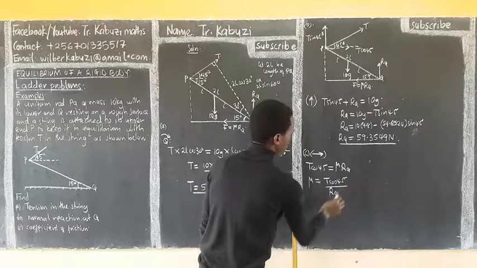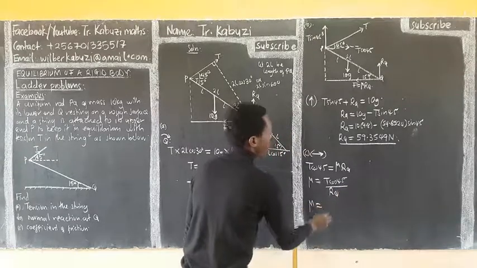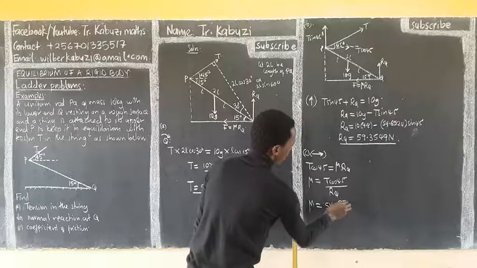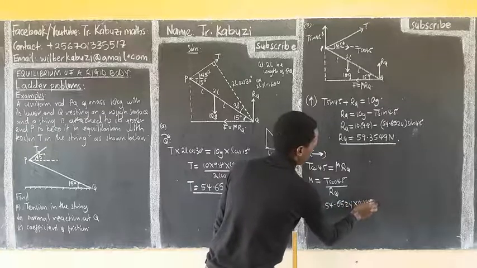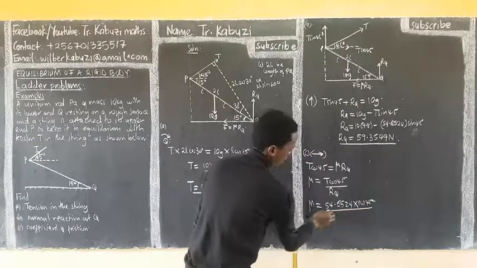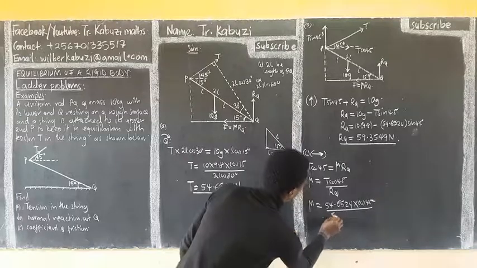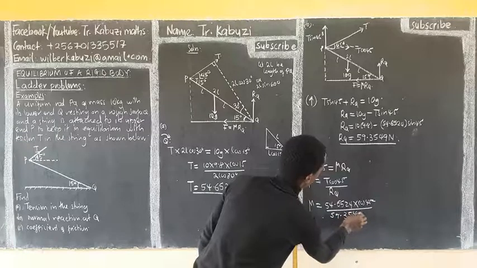So mu is going to be our T, 54.6524, times cos 45, the whole thing over R cube. Our R cube is 59.3549.